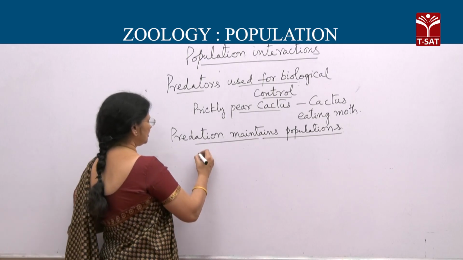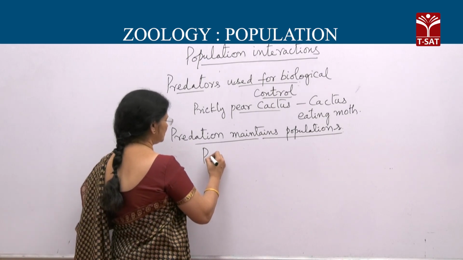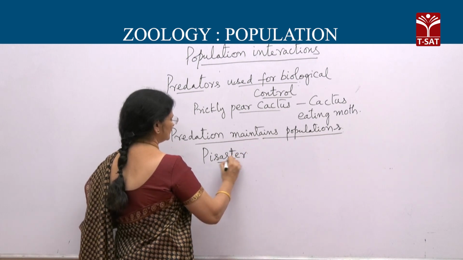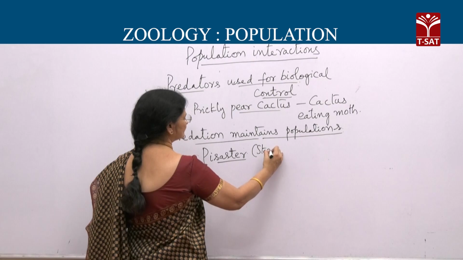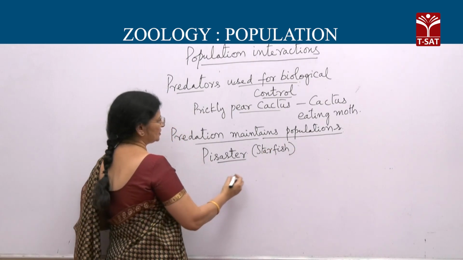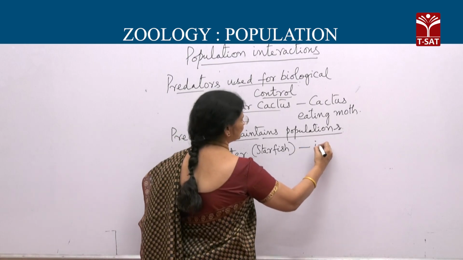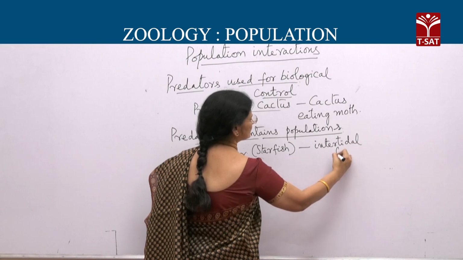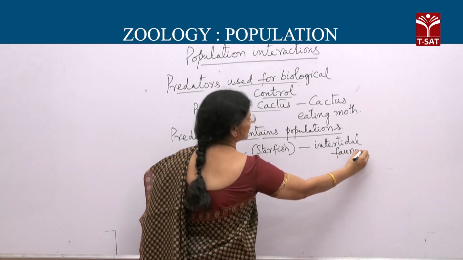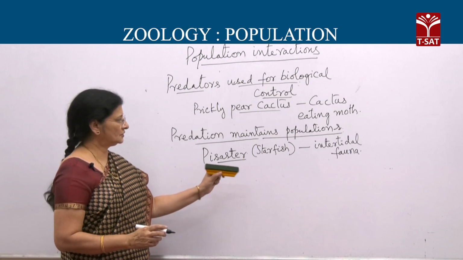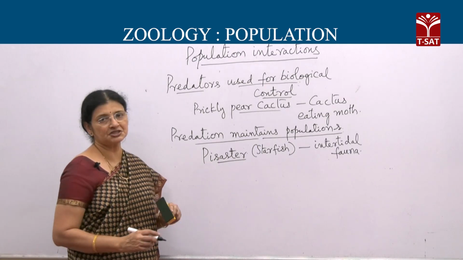Example, if you take a starfish, this starfish was a predator. It used to feed on intertidal fauna. Some mollusks and many other intertidal fauna are food for this starfish.